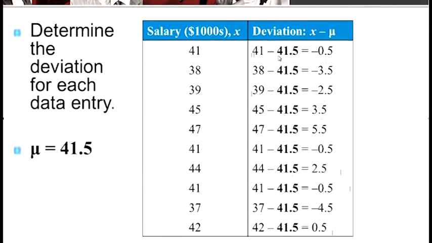The reason is that the mean is essentially right at the center of the data. So if I figure out how far everything is spread from the center, some will be positive, some will be negative, but they always cancel each other out exactly, so long as you've left enough data accuracy if you're dealing with decimals.